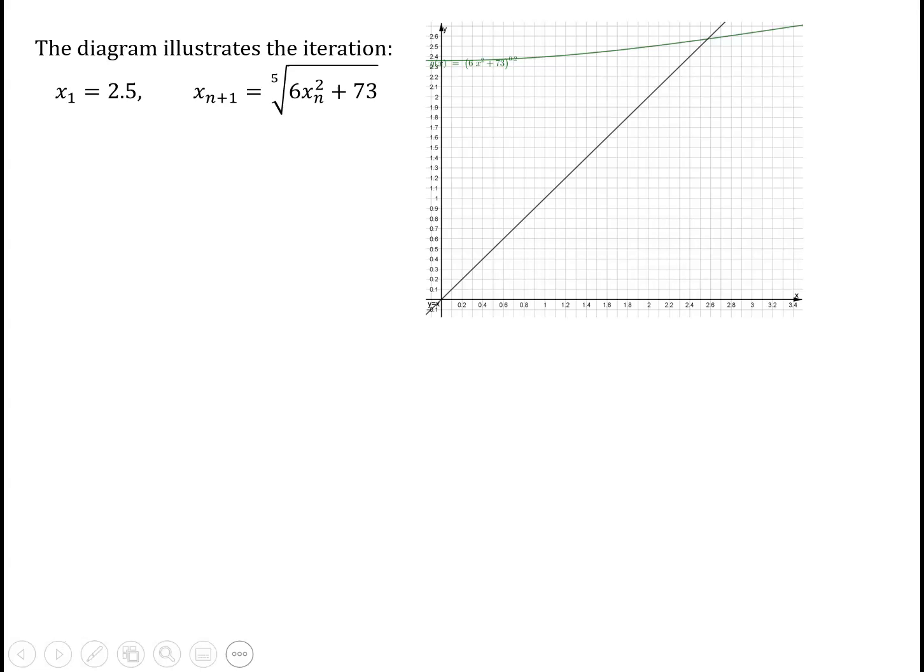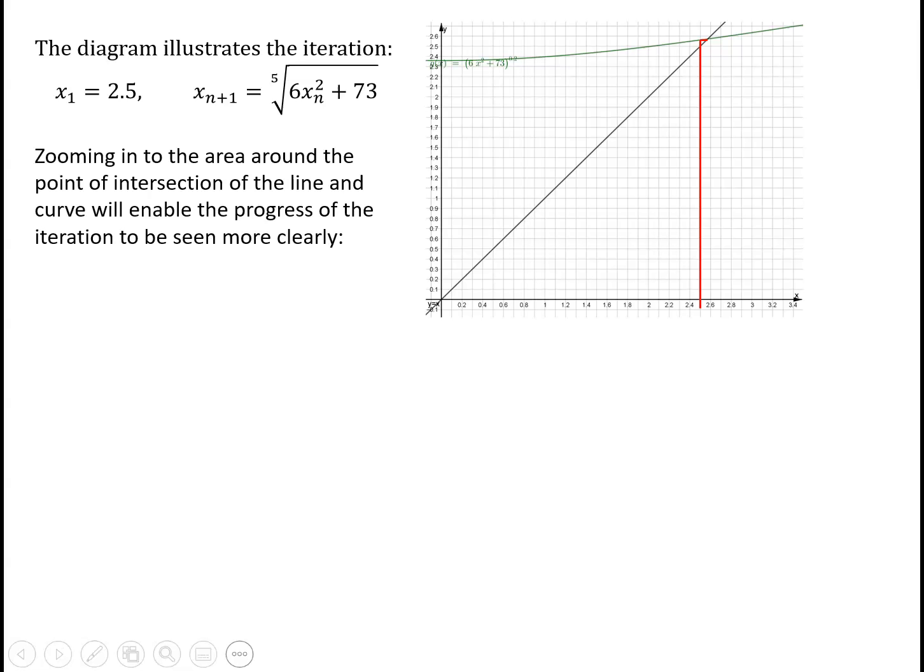Our starting value is 2.5. So we start with the point (x_1, 0), which is (2.5, 0). We move up to the curve, and then we move across to the line.